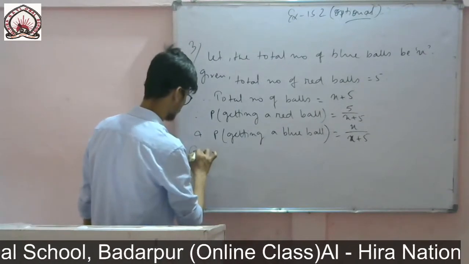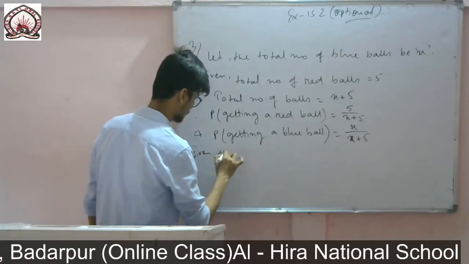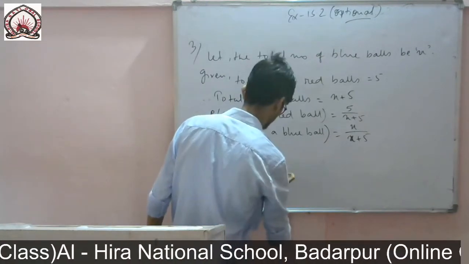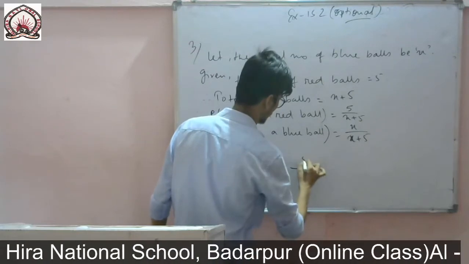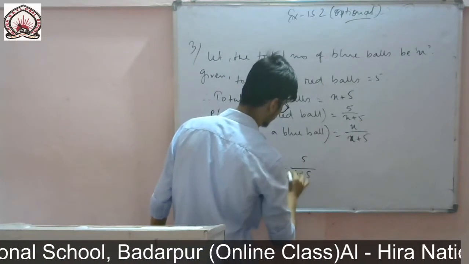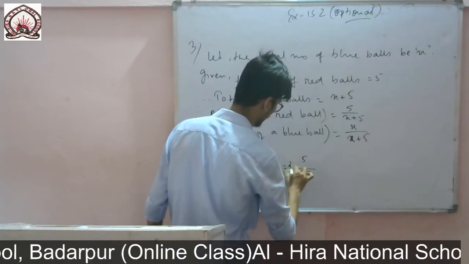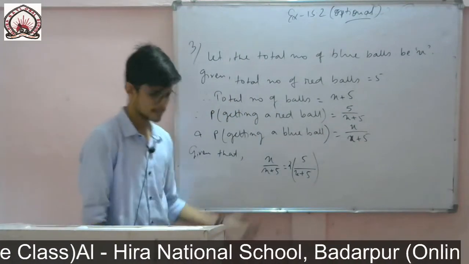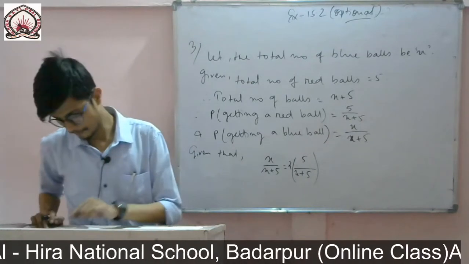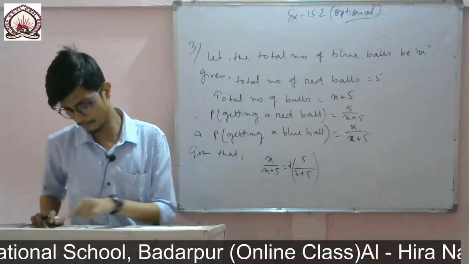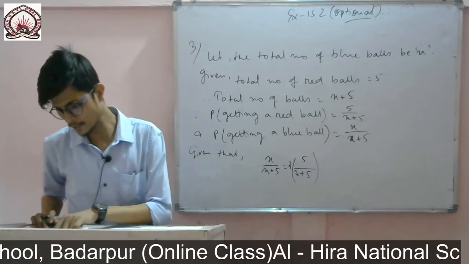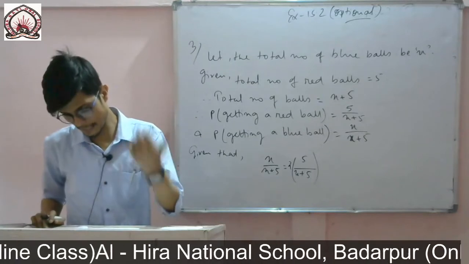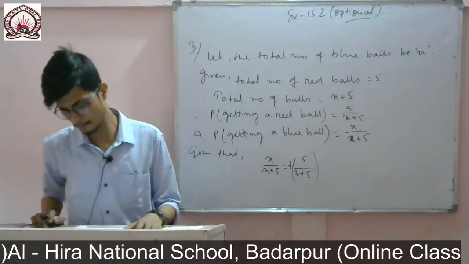So you write given that x by x plus 5 is equal to 2 into 5 by x plus 5. It is given that if the probability of drawing a blue ball is double that of the red ball, determine the number of blue balls in the bag.